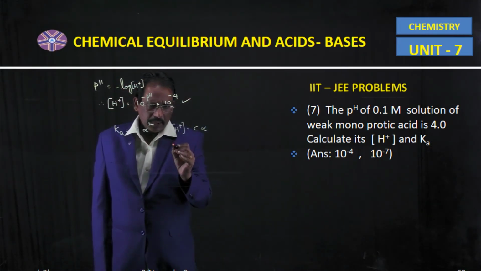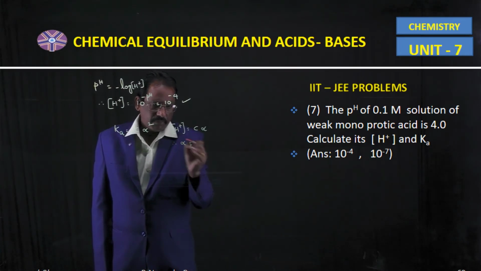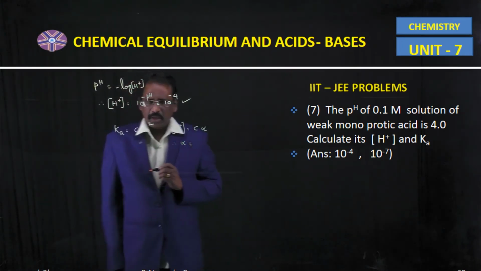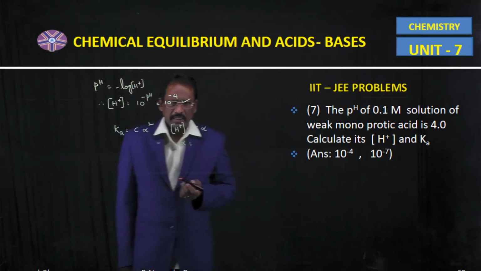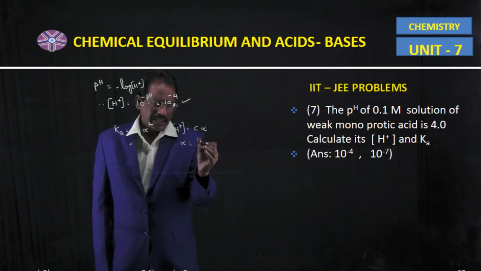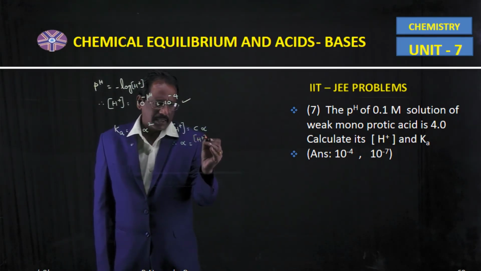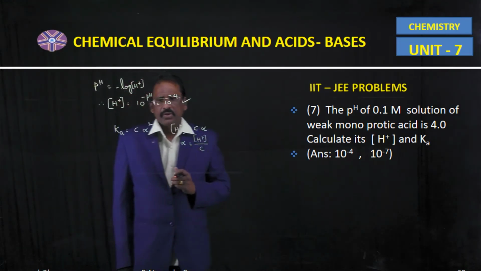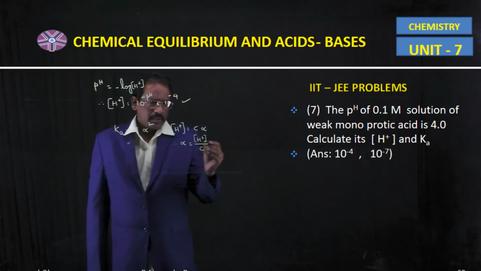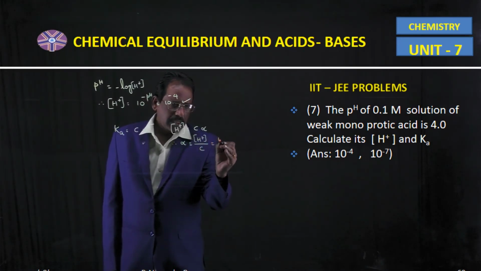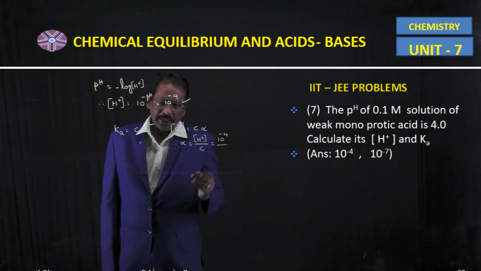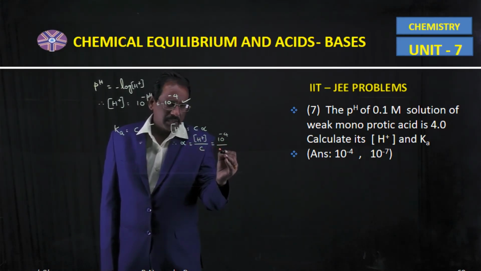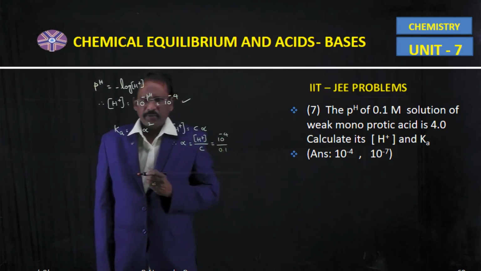Therefore, degree of ionization or dissociation of weak acid is equal to H plus ion active mass divided by concentration of the solution. So this is equal to 10 power minus 4 divided by the concentration of this solution, 0.1.